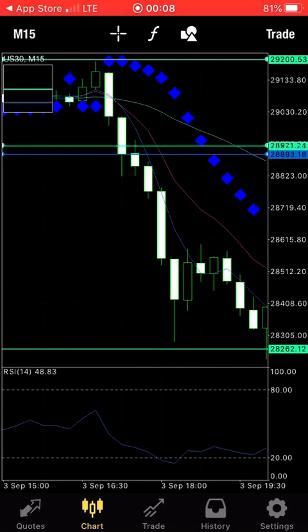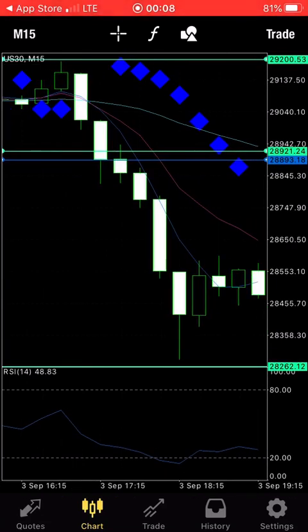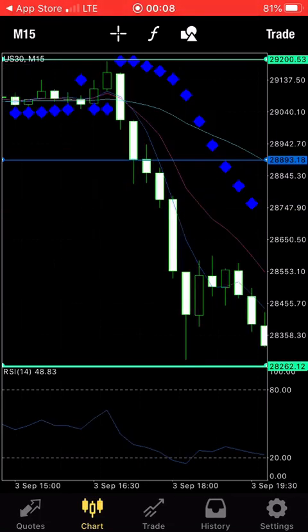I mean, you could put it tighter and then just re-enter. If you get stopped out at say like $20 or $15, just re-enter, because of the big cross, right? As well as the RSI is going down.